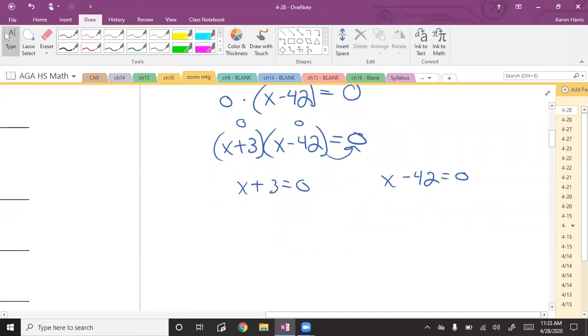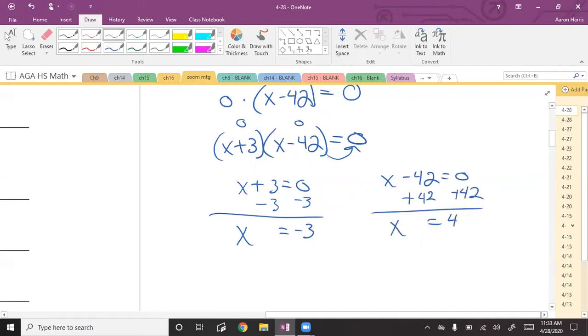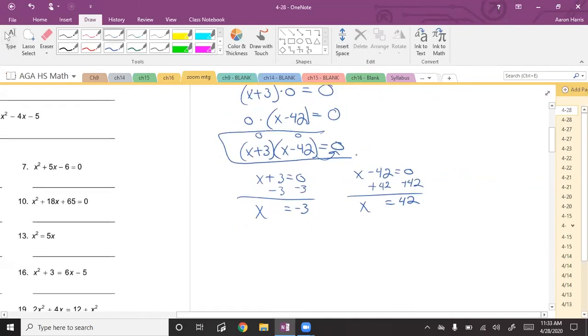Minus 3 on both sides, x = -3. So if x = -3, then I know I will get a 0. Plus 42 on both sides: if x = 42, then I know I will get a 0 for this problem right here.